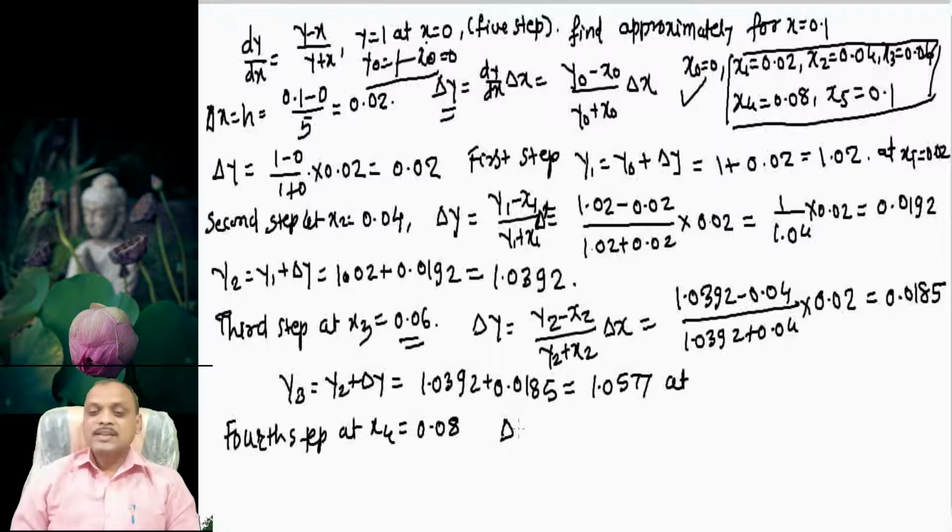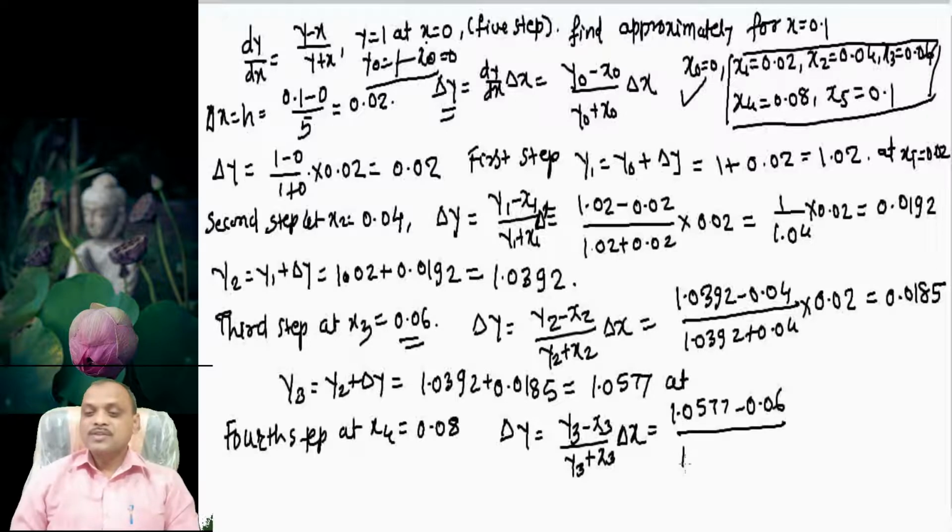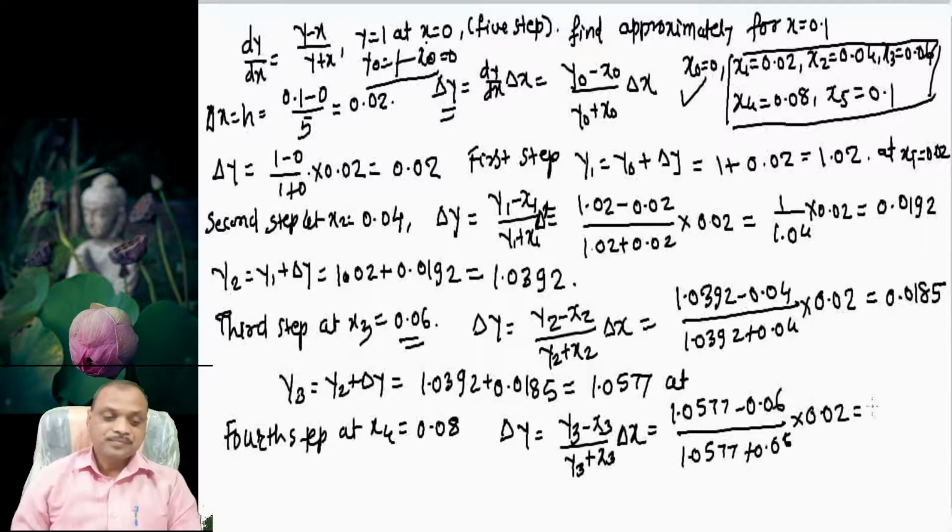Delta y in this case is (y3 - x3)/(y3 + x3) into delta x. y3 is 1.0577, so (1.0577 - 0.06)/(1.0577 + 0.06) into delta x, where delta x is 0.02, and it is 0.0179.